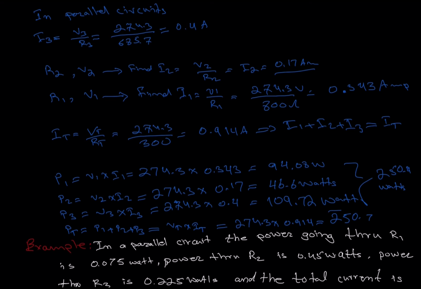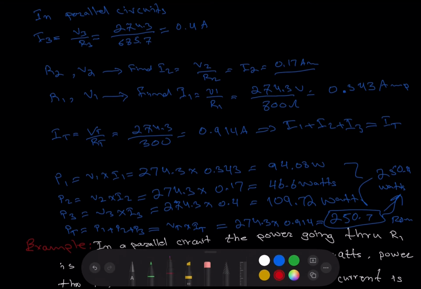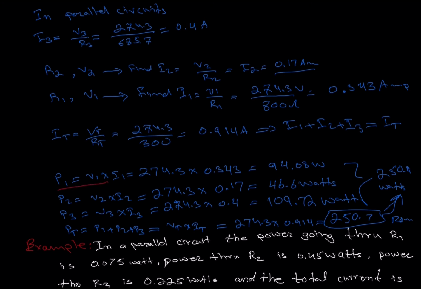So that's relatively close to this one. The error will be the rounding error. Once we find the individual ones, we can find it individually like I did here, or you can just find PT straight, since we have VT total voltage and total current, we can find the power of that circuit too.